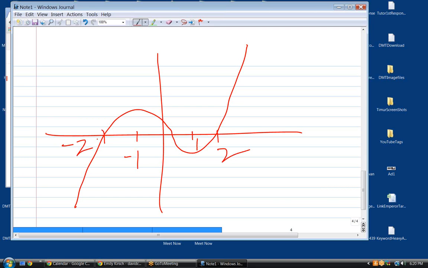Where's this function increasing? What interval? Negative infinity to negative 1? Good. And on what other interval? 1 to infinity?